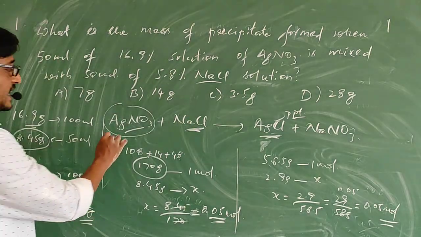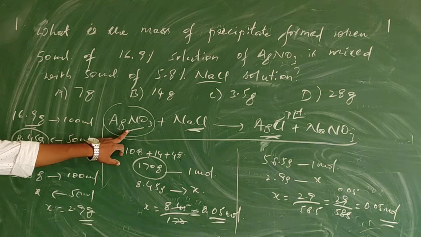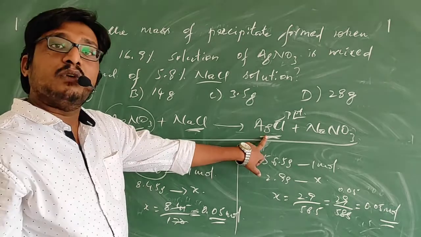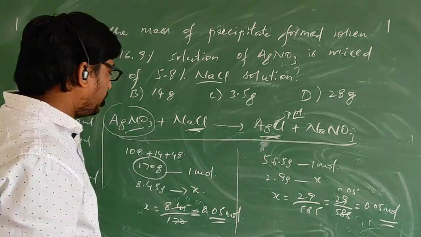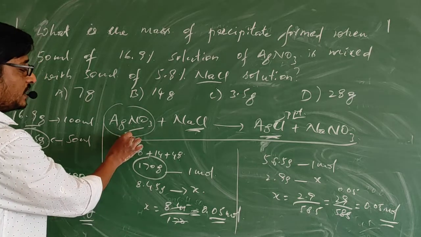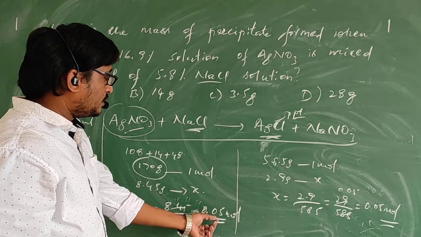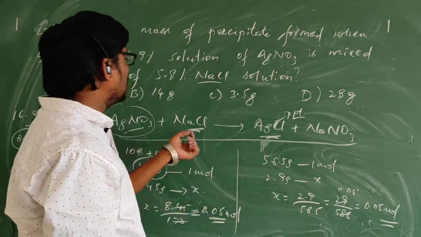Now if you see the standard equation, when 1 mole of silver nitrate reacts with 1 mole of sodium chloride, 1 mole of silver chloride gets precipitated. So the ratio of silver nitrate and sodium chloride in the given question is also the same: 0.05 mole of silver nitrate and 0.05 mole of sodium chloride.